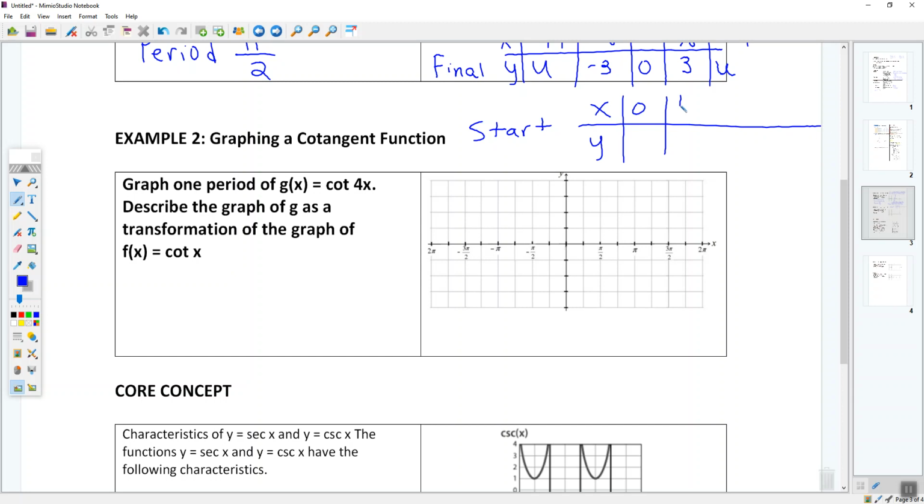I want you to use pi over 4, pi over 2, which we just saw in the graph was 0. I want you to use 3 pi over 4 and pi.